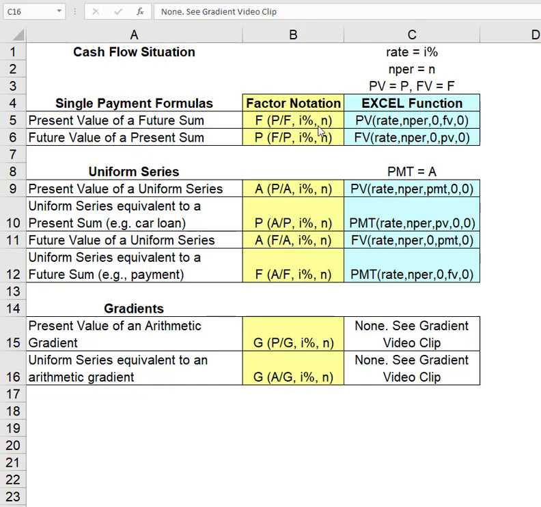So to find this factor, you go to the back of your book and you find the i% table. That's the periodic interest rate. Then you find the P over F column so that you're finding the present amount factor.